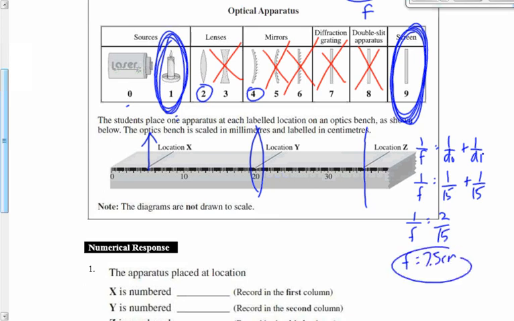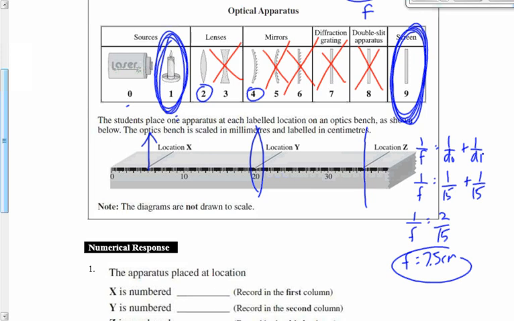That doesn't match up with what they told me. They said the focal length was 10. So this doesn't work. A convex lens or a converging lens doesn't work here because in order for the distances to be the same as we've got here, at positions X, Y, and Z, the focal length would have to be 7.5 centimeters, and it's not. It just doesn't work.